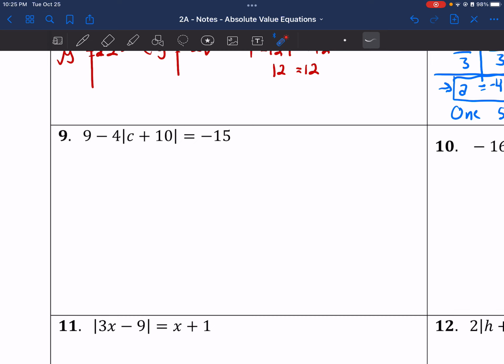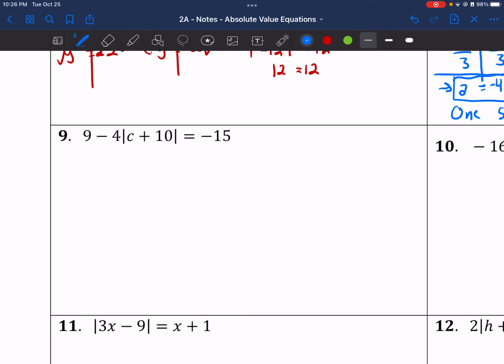We cannot subtract these together because these are separated into two terms. We have one term which is 9, and we have one term that is negative 4 times the absolute value of c plus 10. We want to make sure that we isolate our absolute value term first. So instead of combining these two, we have to get rid of this 9 and then get rid of this 4.